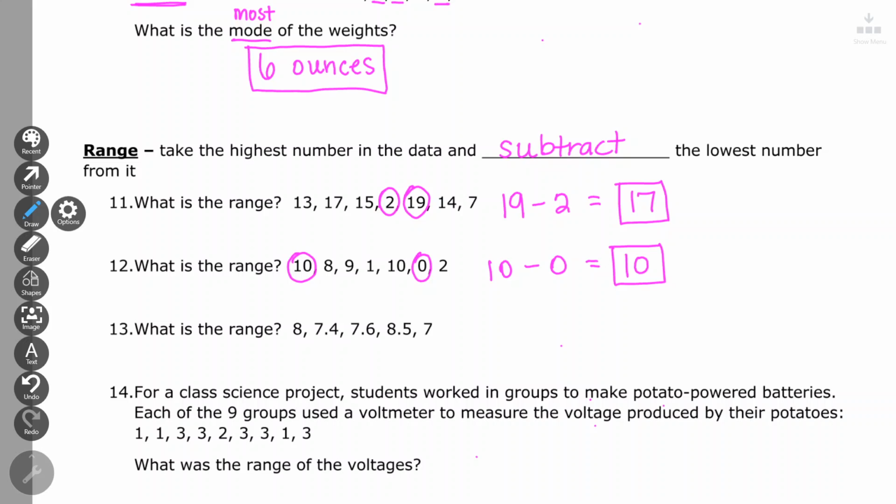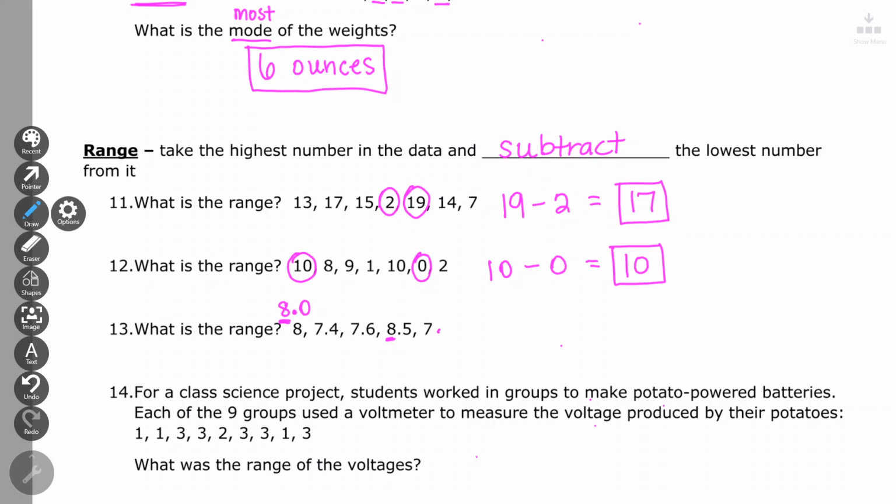All right, number 13. What is the range? 8, 7.4, 7.6, 8.5, and 7. Remember, 8 can also be written 8.0, right? And we look at the ones to see what's the highest. So the 8 and the 8 here, those are higher than the 7s.